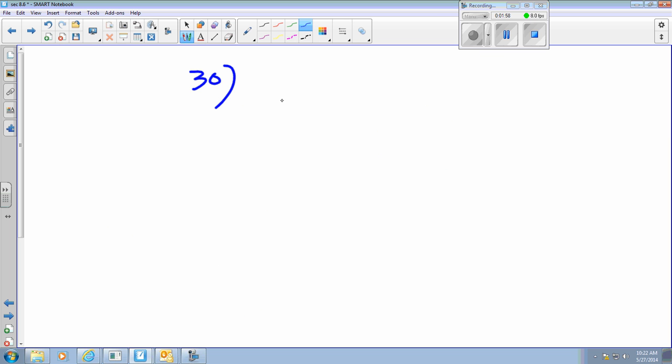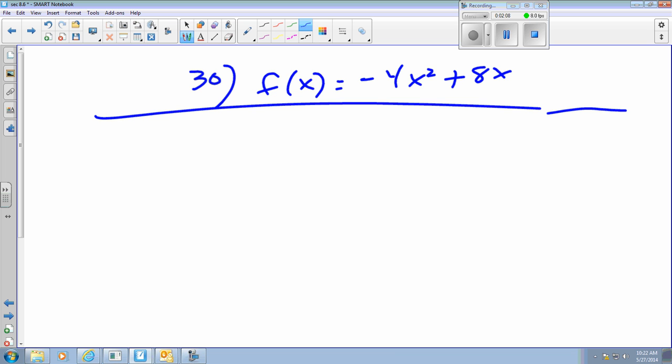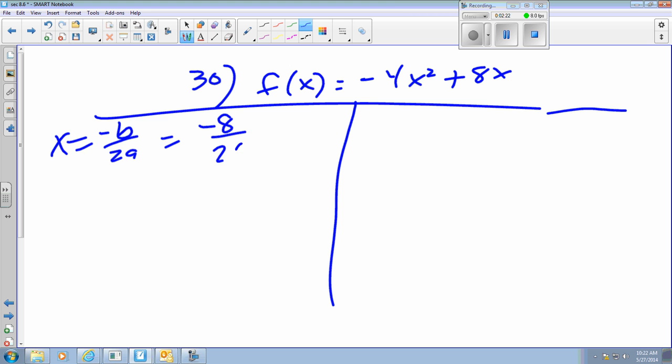Number 30, we have f of x is equal to negative 4x squared plus 8x. We're going to do the same things on this one. Let's start on this side. I'm going to use x equals negative b over 2a on this one. My negative b would be negative 8 over 2 times negative 4, which gives me 1 for my axis of symmetry.